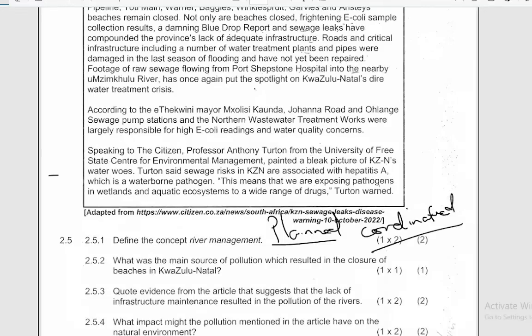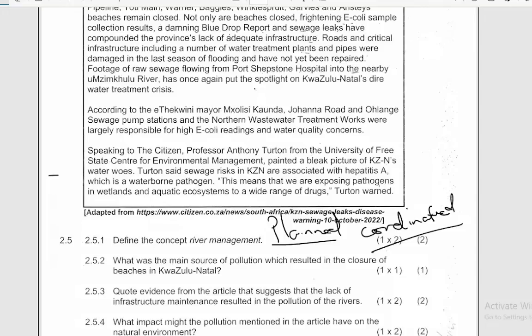That is river management. That's the geographical concept. You can define it in your own understanding, but it should address the basics of managing a river. It should address of taking care of the rivers. It should address the basic concept of conserving our river resources for the benefit or sustainable use of our river resources. That is basically what you should address.